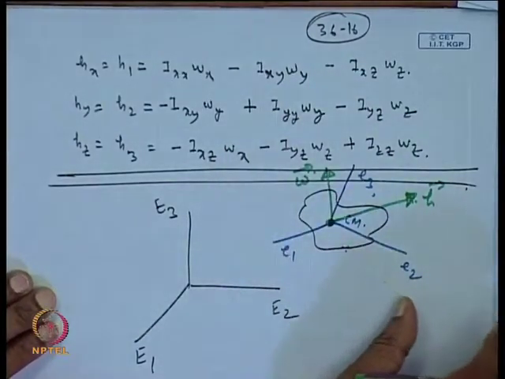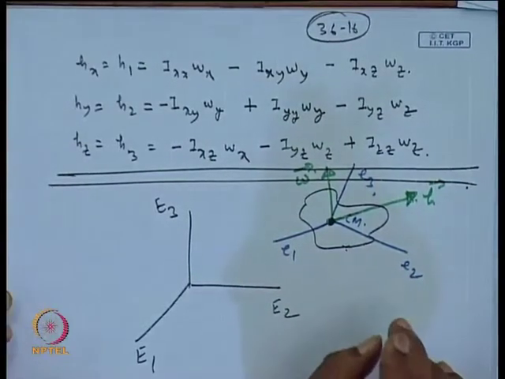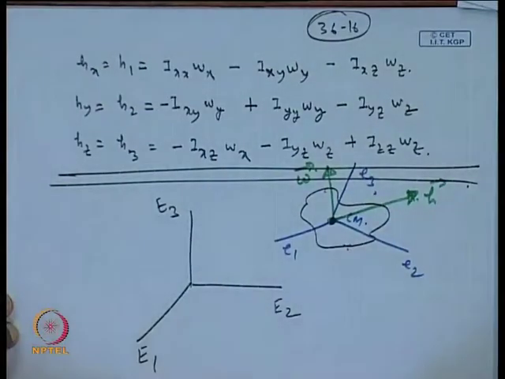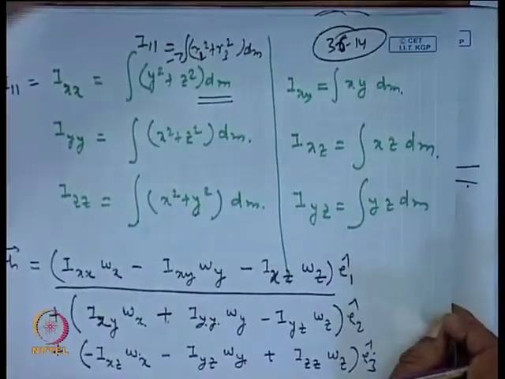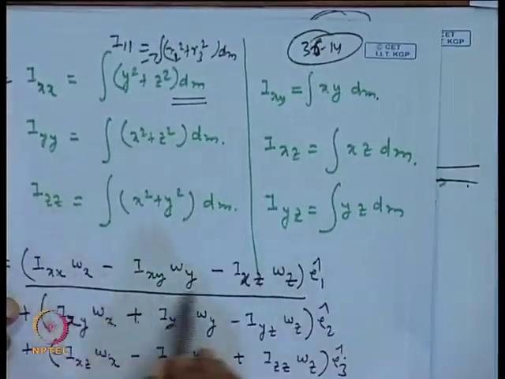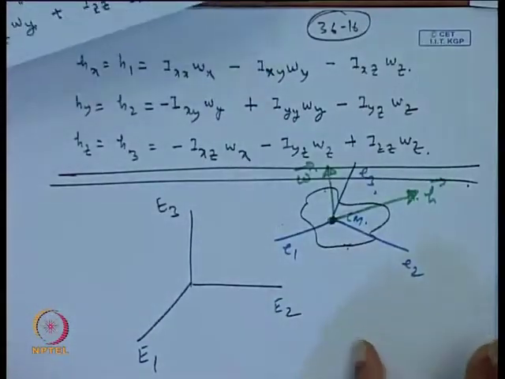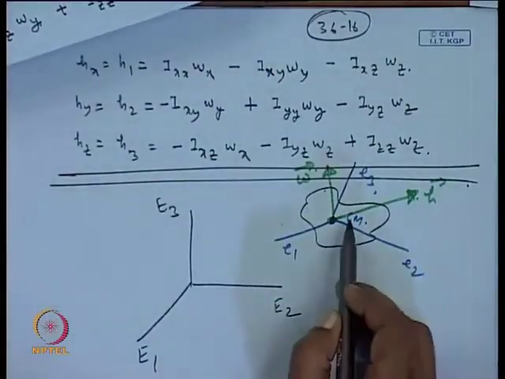So, in general your angular velocity vector and the angular momentum vector are not in the same direction, which is evident from this equation itself. You can see here your h vector is given by this, where the omega is getting multiplied, while your angular velocity vector is written differently.